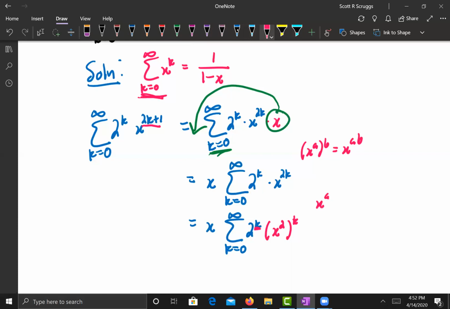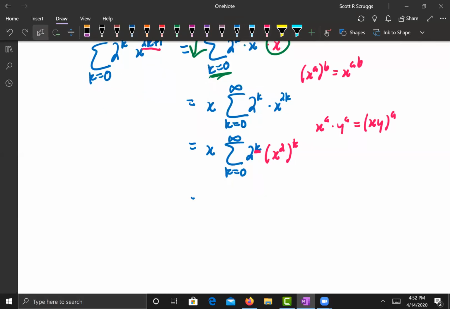If I have two numbers being multiplied together and they're both raised by the same power, that's the exact same as multiplying those two numbers and raising their product by that power. Which means I will have x times the sum k equals 0 to infinity of 2x squared raised to the kth power.